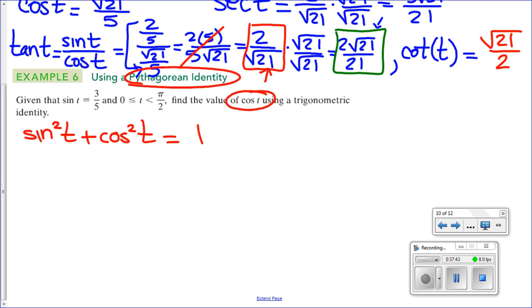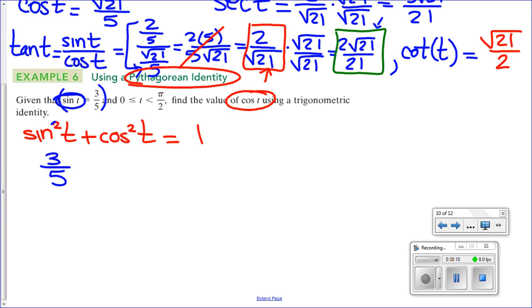Okay. Now let's go ahead and substitute the values that we do have. And we have this one right here, right? The sine of t is equal to 3/5. So once we substitute, you don't need to write sine again, okay? It's like we take this one and we substitute it with the fraction, just the number. So it will be 3/5.